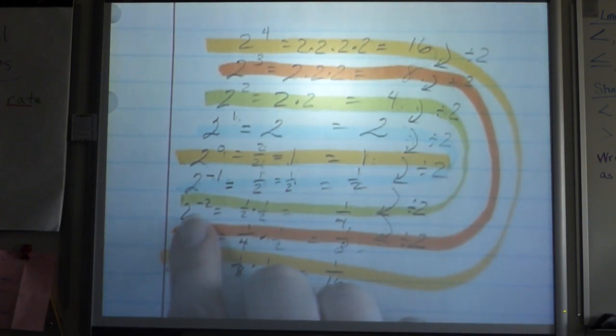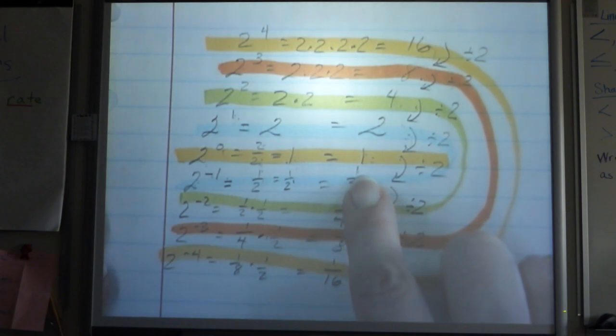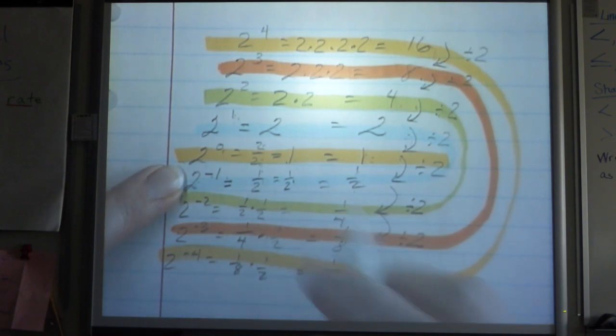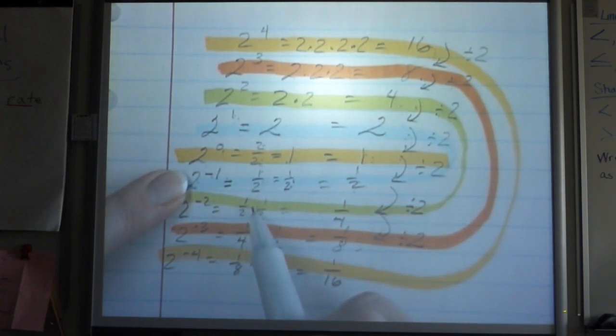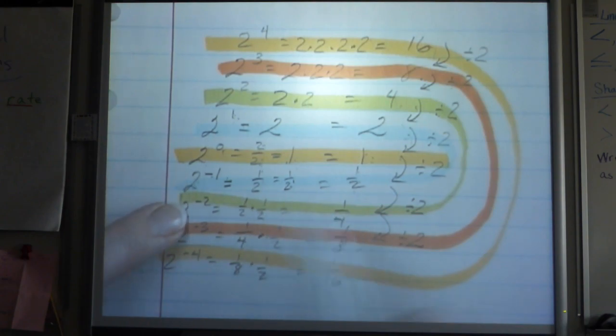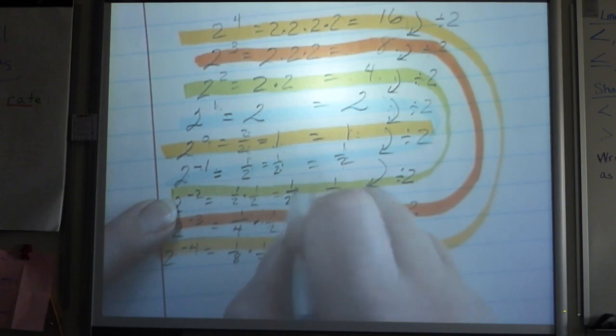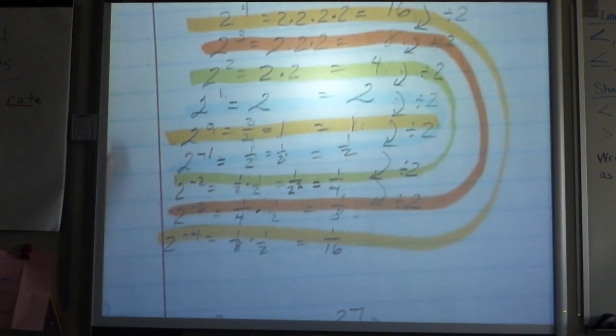Okay, what about 2 to the negative second? I take that half from 2 to the negative first power, and I divide it by 2. How do I divide when I'm working with fractions? To divide by 2, I multiply by its reciprocal, so times 1 over 2. I take my number here, I multiply it by 1/2. 1/2 times 1/2 is 1/4. So 2 to the negative second power is half times half, which is 1 over 2 squared, which is 1/4.